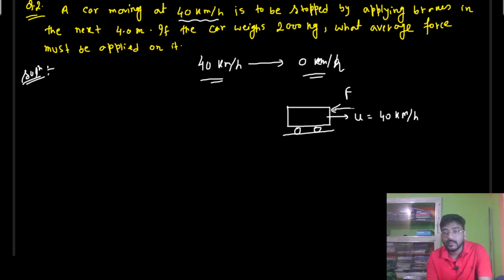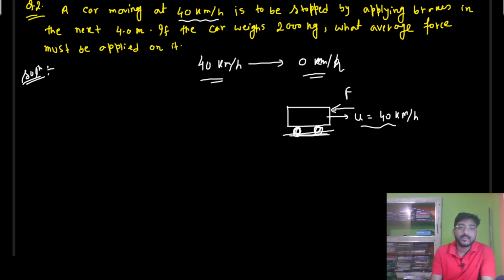We are not applying the force externally; the force is applied on the wheel of the car by applying brakes. Whatever force arises here will be opposite to its motion, and that's why it will stop. Now if it will stop, how much deceleration should we create? You have to find this first.